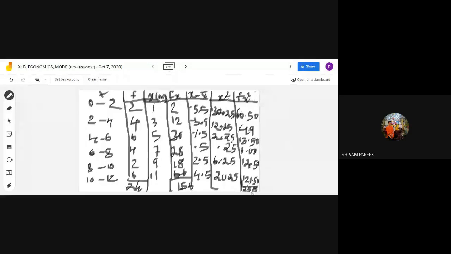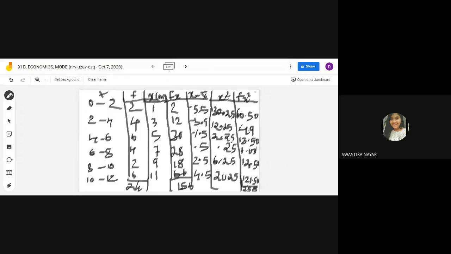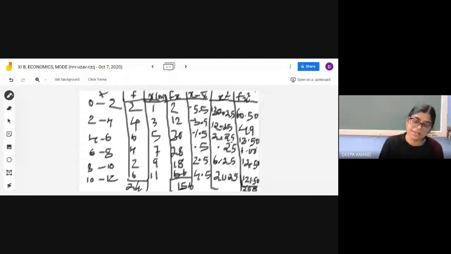Yes, ma'am, got it. Sigma fx square is 258. You just need sigma fx square in this case because the formula is root of sigma fx square upon n. The formula ends there because it's a direct method.